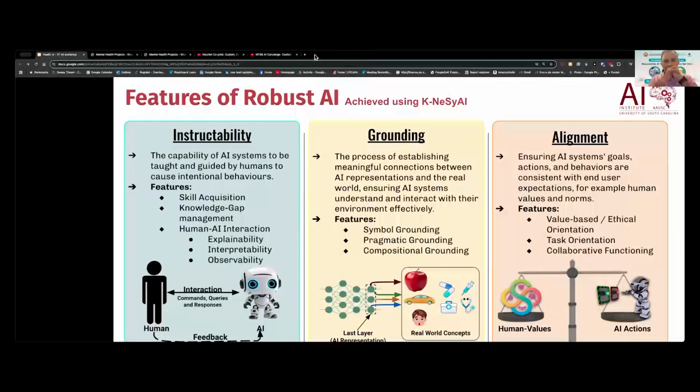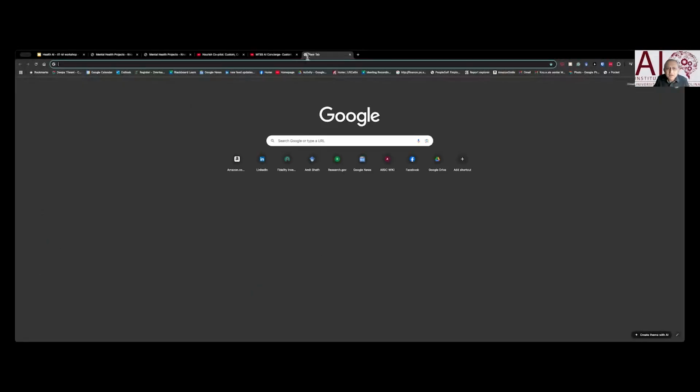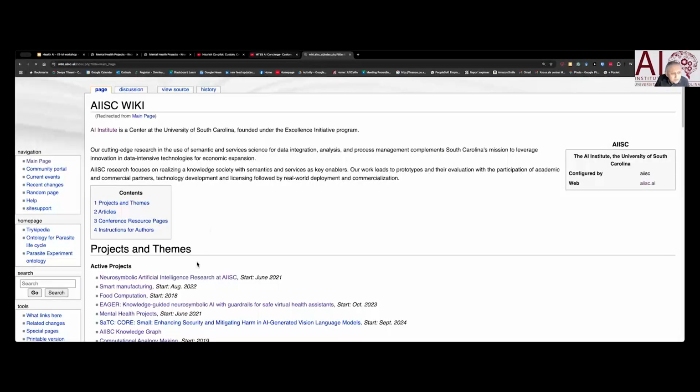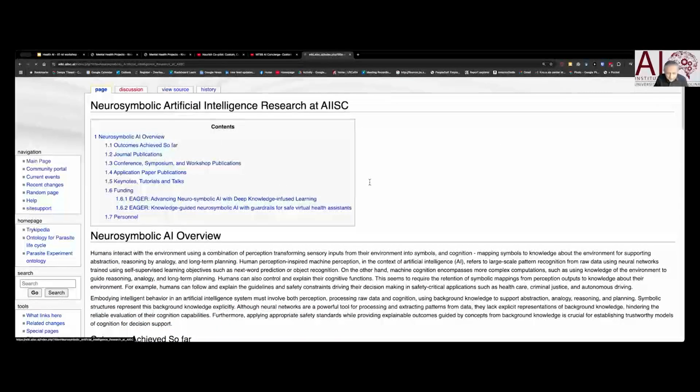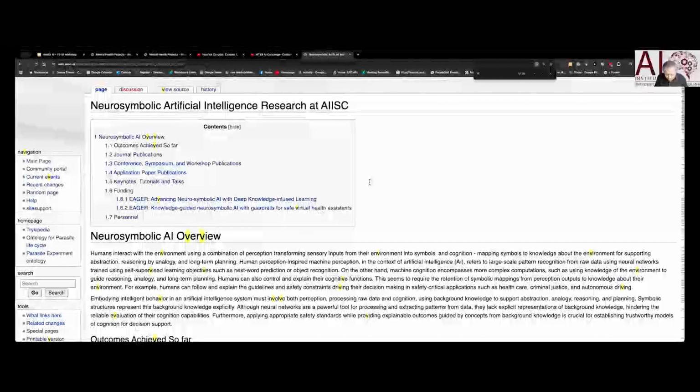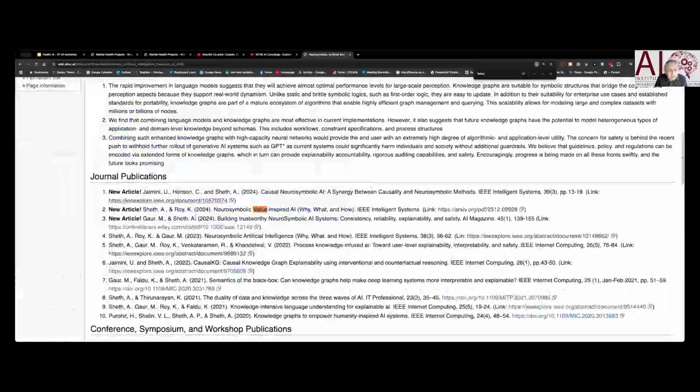Yeah. Right. So we have a paper on just this topic, or very related to this topic, titled Neurosymbolic Value Inspired AI.